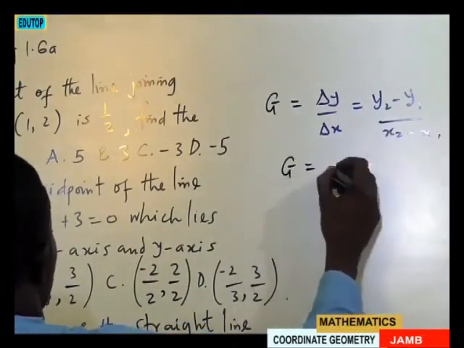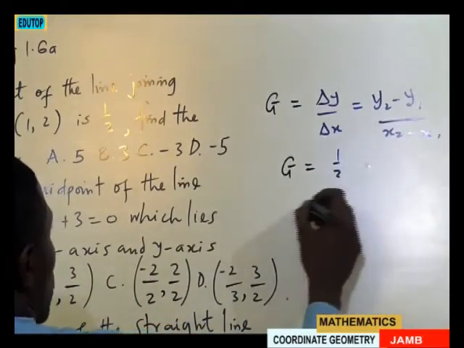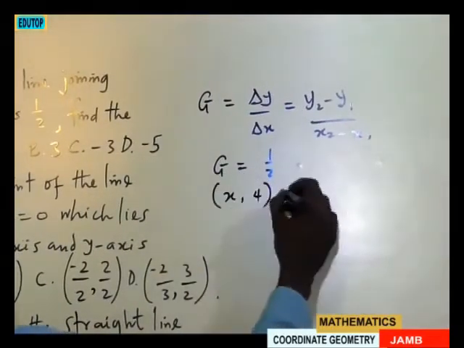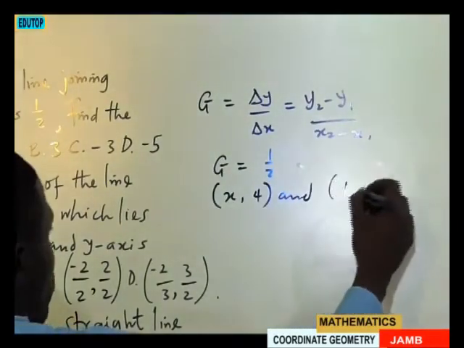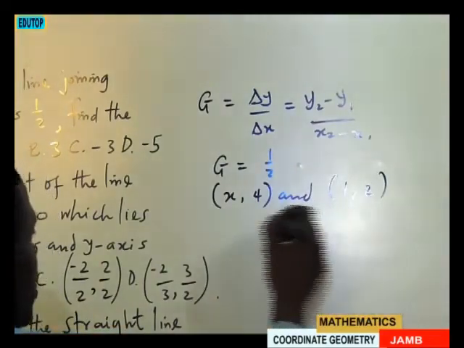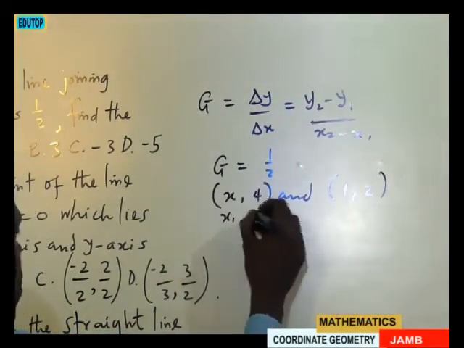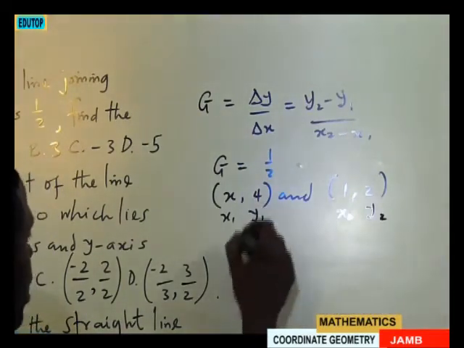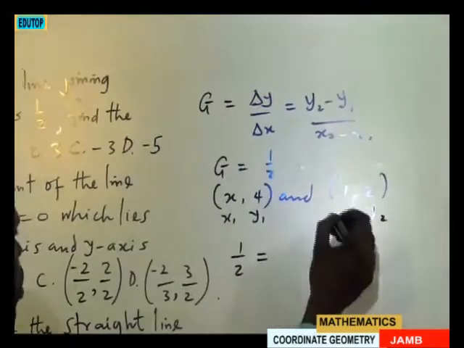Meanwhile, this gradient has been given to be half. So what are the points? We have x, 4 and 1, 2. So this is our x1, y1. This is x2, y2. So the gradient is 1 over 2 equals to what is y2?